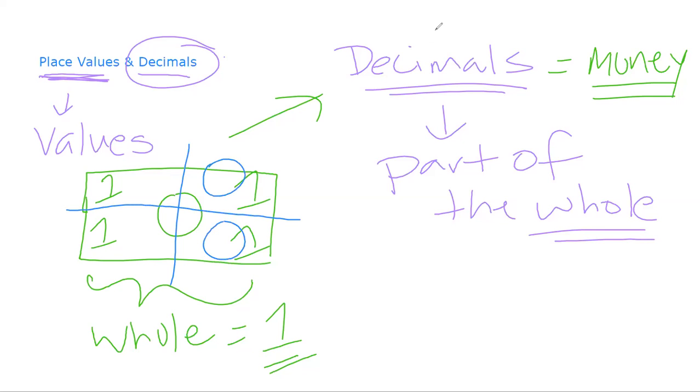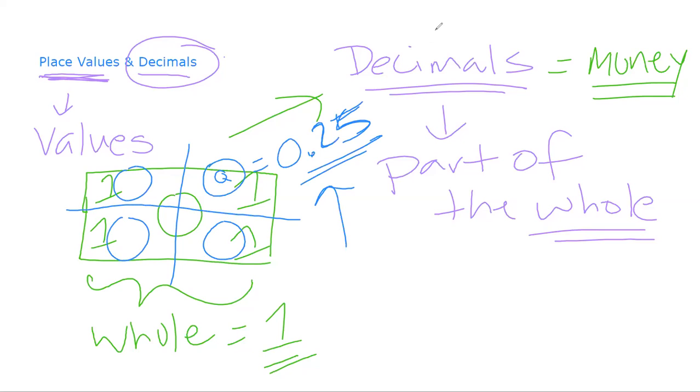Because it takes 4 quarters to make a dollar, and a quarter itself we call 25 cents. And as you can see already, we're working with decimals, right? It is 25 cents of the dollar. So this quarter here, same thing, 25 cents, and so on and so forth.